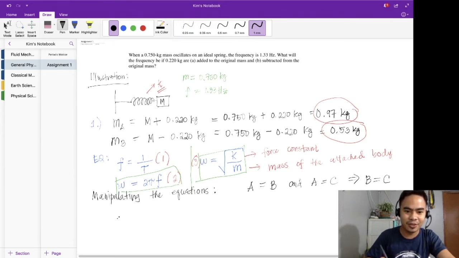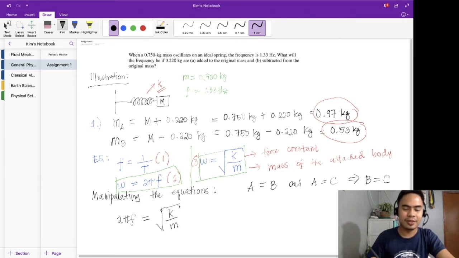So we have 2 pi f is equal to the square root of k all over m. As I have said, this is the long way of doing it. We need to find the force constant k of the spring first.